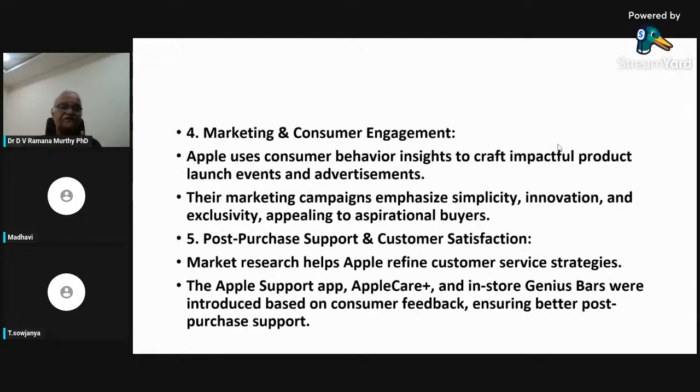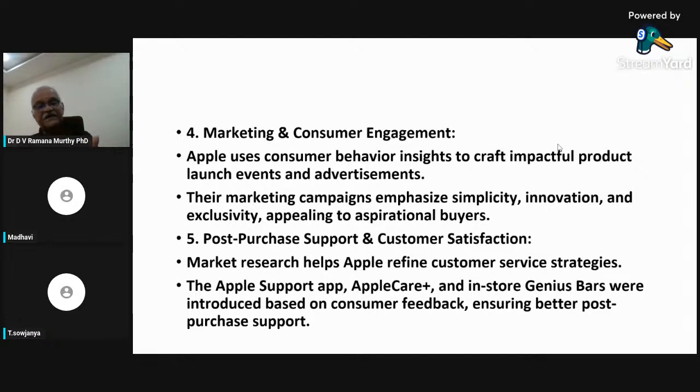So then, after buying the product, see this Apple's approach. In case of customer satisfaction it is fine, but in case of any customer pain point, dissatisfaction, all these things come only when you purchase the product. This is what we call post purchase. See, all companies need to understand giving post purchase support also in order to enhance customer satisfaction.